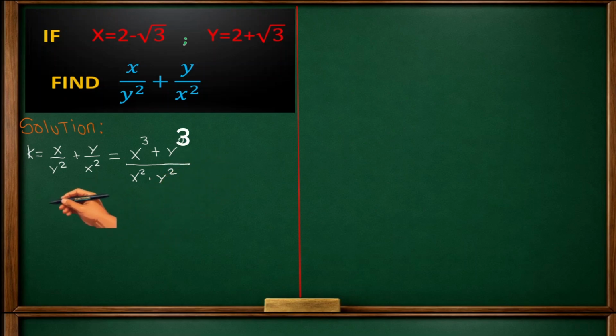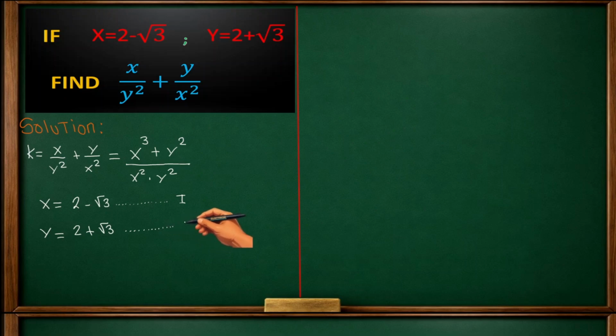x equals 2 minus square root 3, given 1. y equals 2 plus square root 3, given 2.